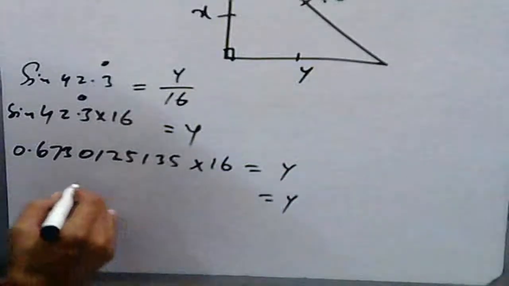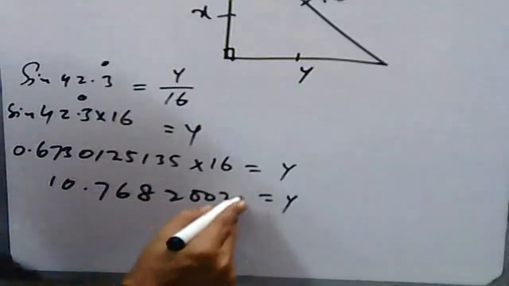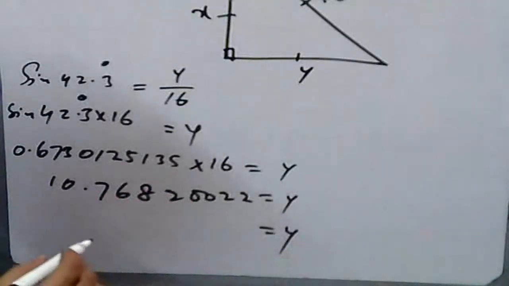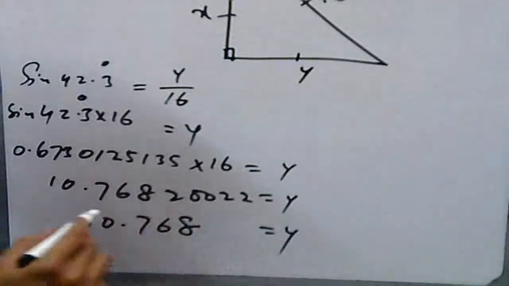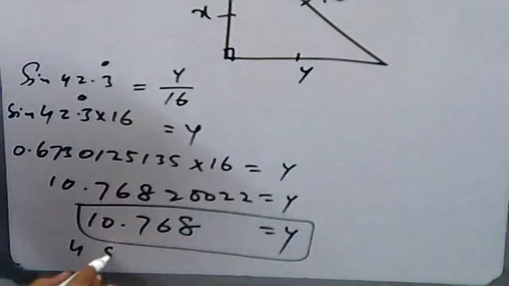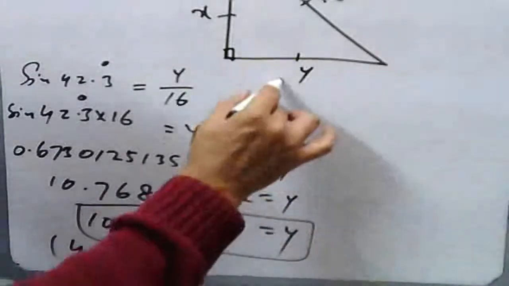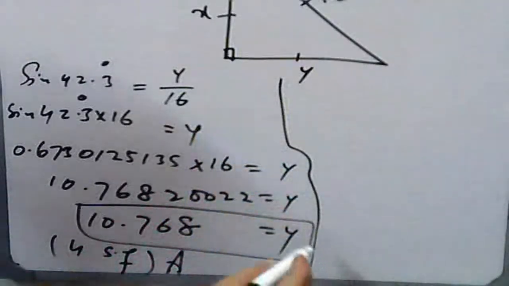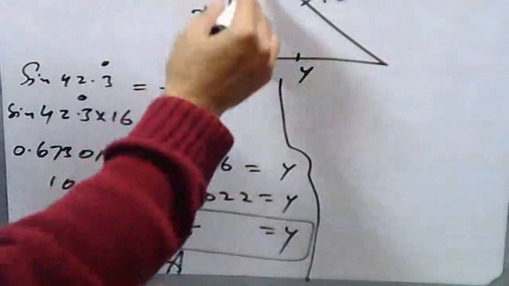Multiply by 16, you will get the value of y, which is 10.76820022. We need up to 4 significant figures, so 10.768, because it is less than 50%. So that is your result, the value of y.